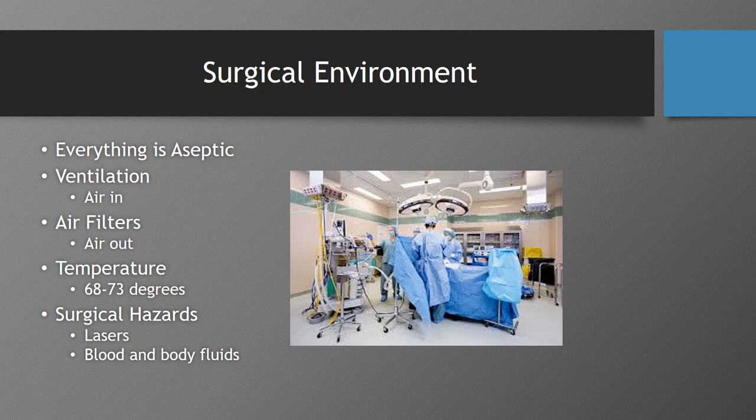So it's almost like its own individual air conditioning unit where it puts in and pulls out. Temperature is usually 68 to 73 degrees, so it's very cold. And when I did my surgical rotation in nursing school, I froze my butt off because it was just cold, and you're sitting there and helping, but you're not running around enough to keep warm.